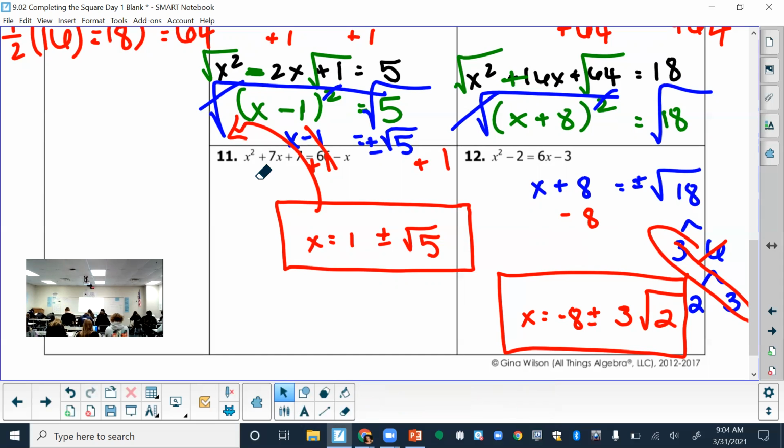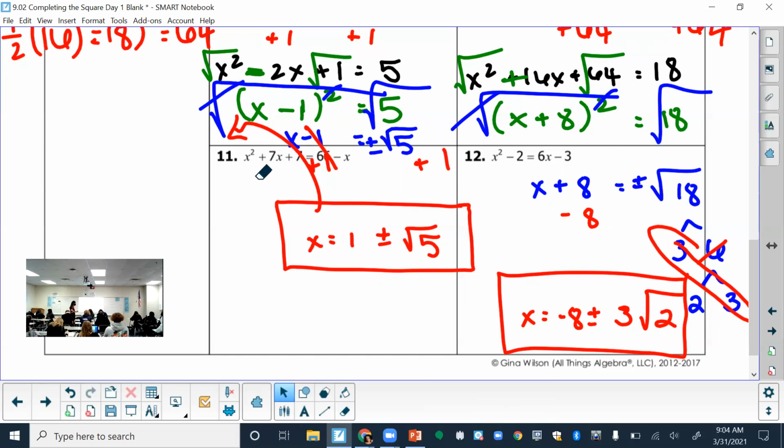Yes. You probably need to take half of 4, square it, and then add 4.